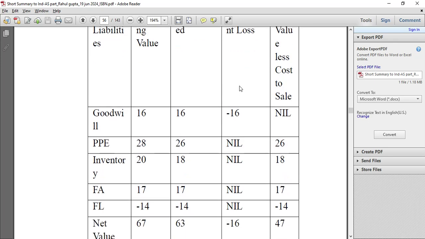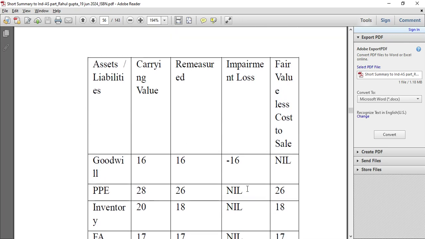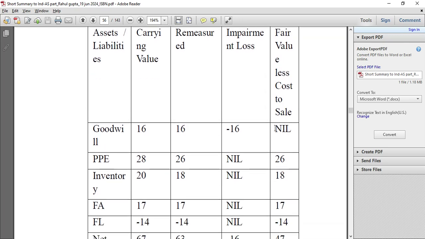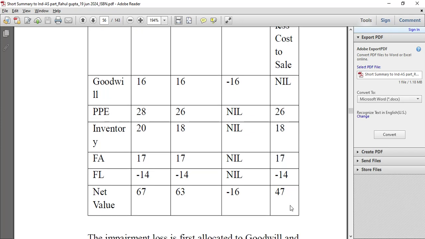Impairment loss minus 16, nil, nil, nil, nil, and minus 16. Fair value less cost to sell: nil, 26, 18, 17, minus 14, 47 million.